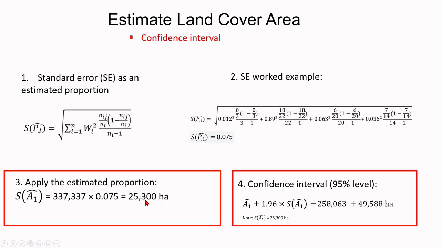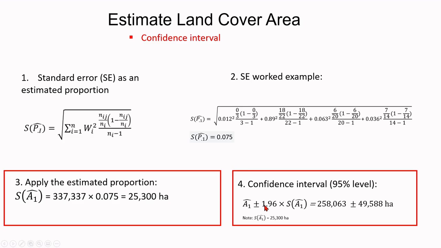Once you have computed the standard error, in this case for vegetation, we can now compute the confidence interval. We are assuming that we are working at the 95% level. The formula to compute the confidence interval is the one given to you. You need the area, then plus or minus the margin of error, which is 1.96, because it's a 95% confidence level.